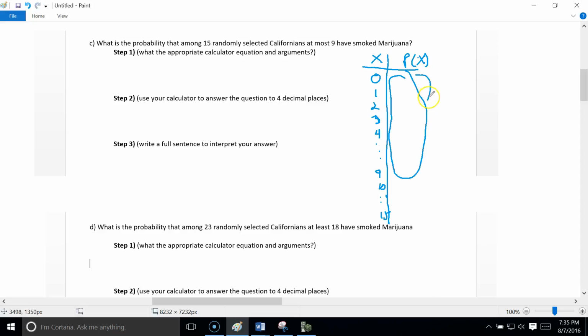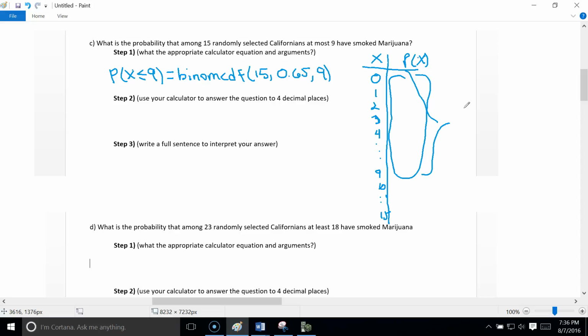And so to get all of those probabilities, we use the calculator function of binomial CDF. Okay, so this was not part of the answer. I was just trying to explain it to you. So the answer would come over here as the probability that x is less than or equal to 9 is equal to binomial CDF 15, 0.65, 9.